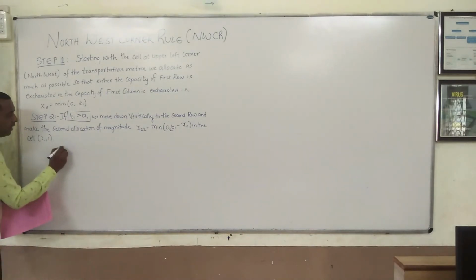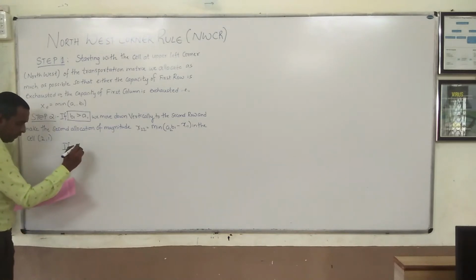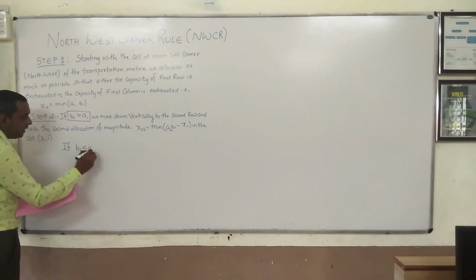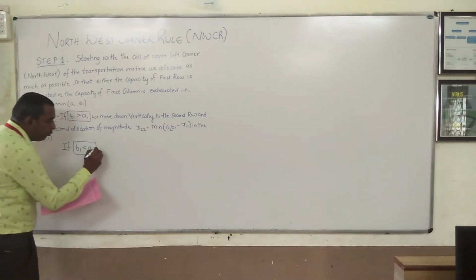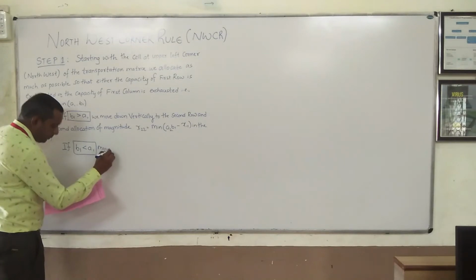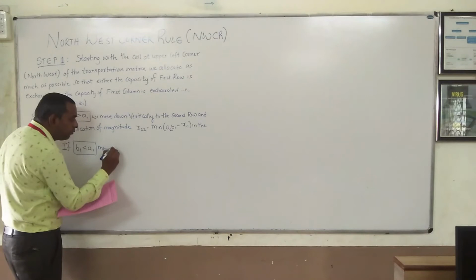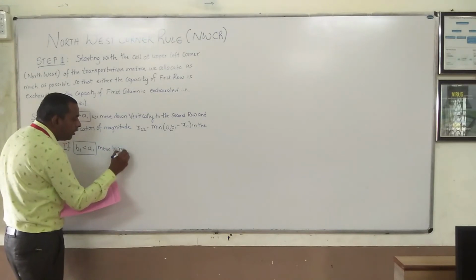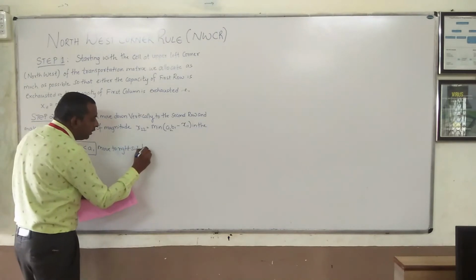What happens if B1 is less than A1? Fine. So move to the right side horizontally.